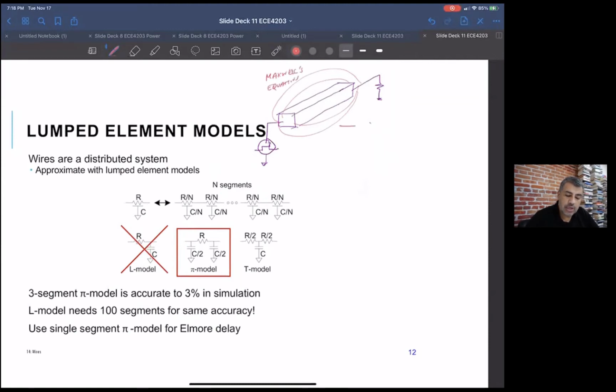And that's in E&M. It's the same piece of metal in E&M. And then you go to a transmission line model that has an RLC when you do microwave design.